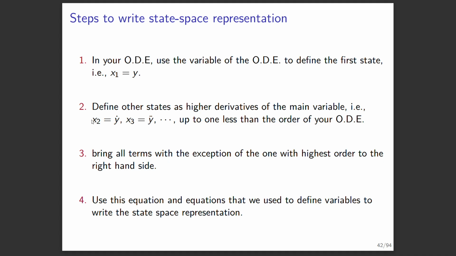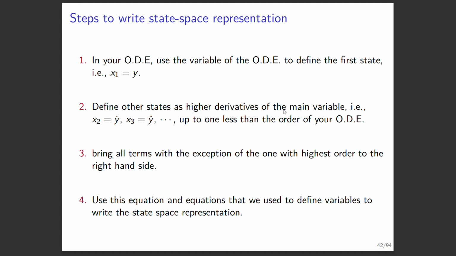Then I put my other states, or other labels, I give them to higher orders of the variable of the differential equation. So here y is the variable of the differential equation, therefore y dot and y double dot, and if I have higher orders, I label them as the second state, the third state, up to one less than the order of your ODE.